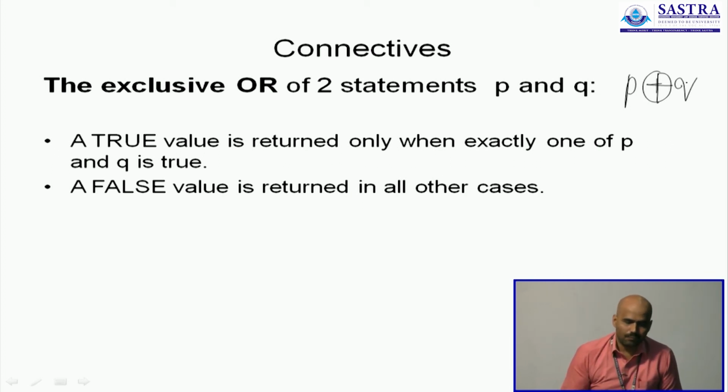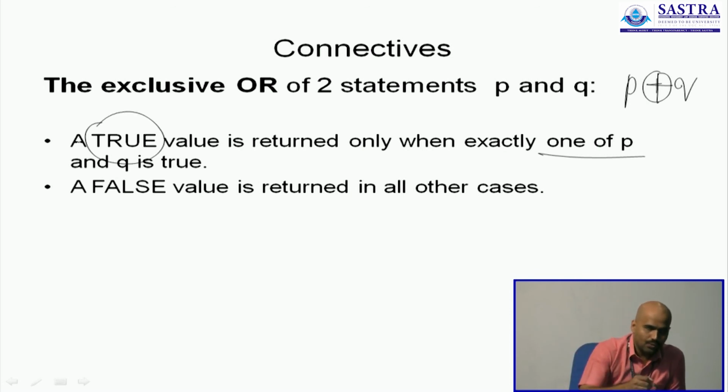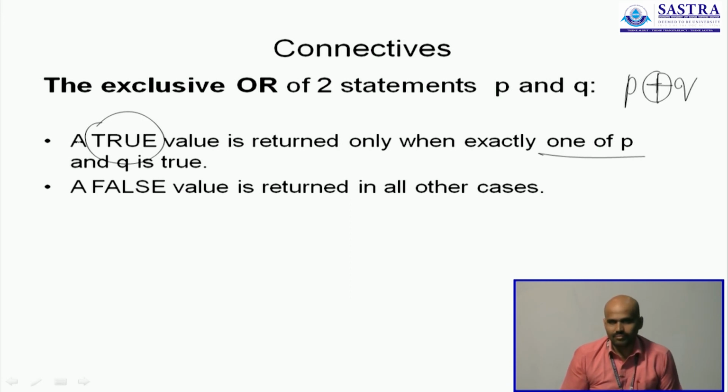This is how. The exclusive OR takes a true value only when exactly one of P or Q is true. Only one of them must be true. You cannot have both of them true or both of them false. One should be right, the other should not be. Only then a true value is returned. It's exclusive. It's not a shared property.